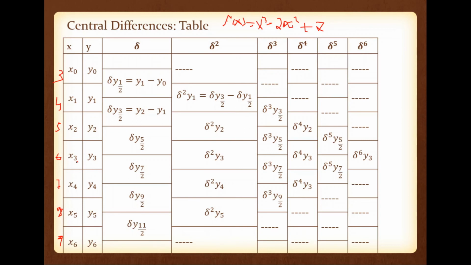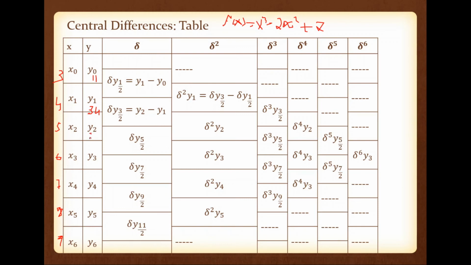Now what about y? We can write an equation in the calculator: alpha b cube minus 2 into alpha b square plus 2. So if b equal to 3, we have 11. Then corresponding to 4, we have 34. Y1 is 34. Then corresponding to 5, we have 77.